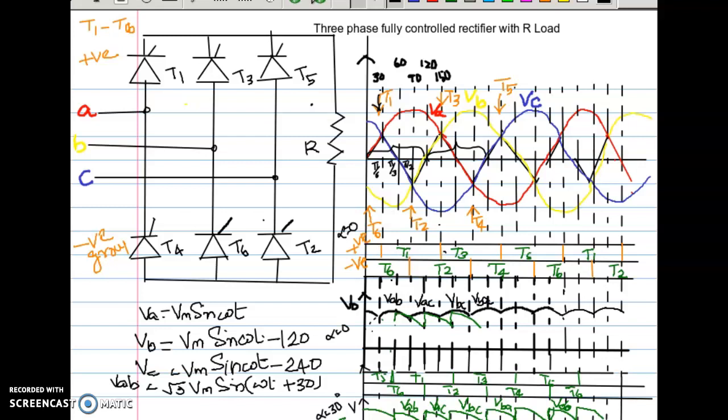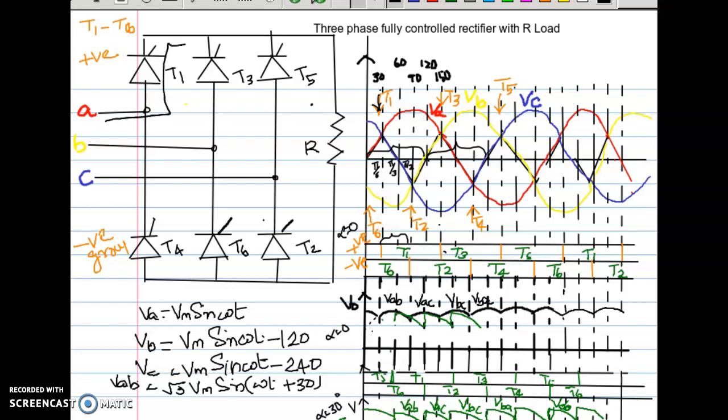Now you can draw the output voltage during the interval from pi by 6 to pi by 2, that is 60 degree. You can see that T1 and T6 are conducting. When T1 and T6 are conducting, you can trace the path like this. T1 is connected to VA.